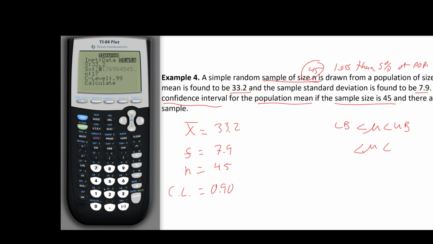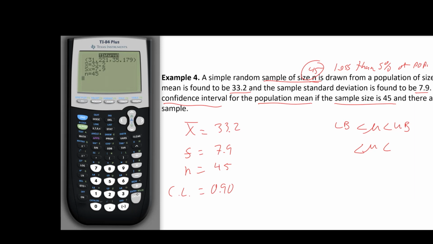The s was 7.9. Your sample size was 45. Your confidence level is 0.90. We calculate, making sure I put everything in correctly. Looks good. We have a lower bound of 31.221 and an upper bound of 35.179.